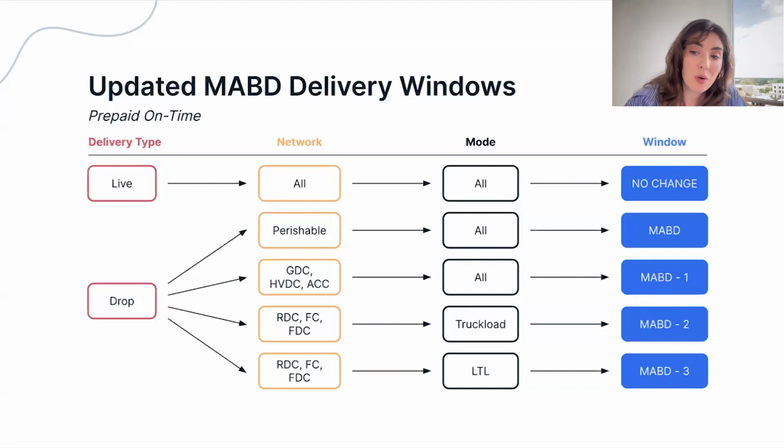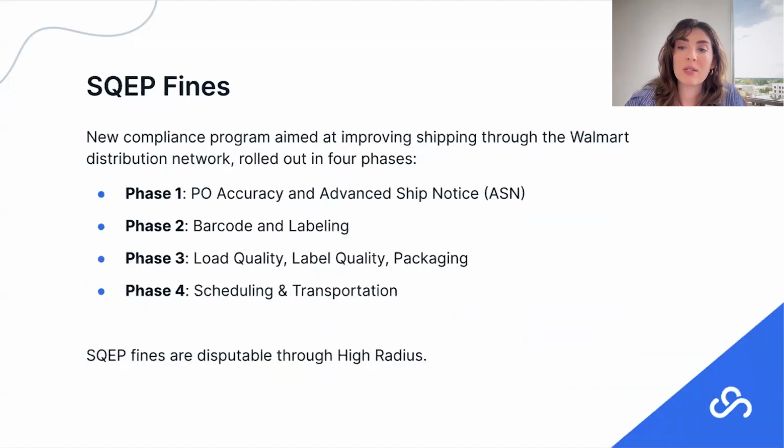We also have a new article listing Walmart's updated 2024 MABD windows, so go check those out. It hasn't changed too much, but I wanted to call out how this works.